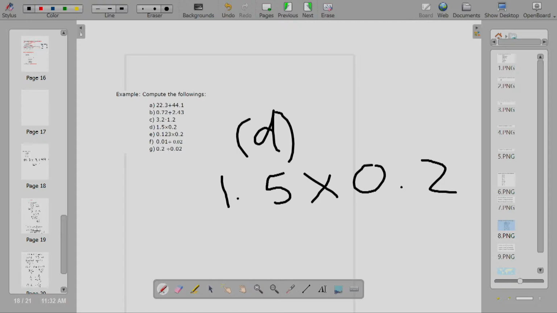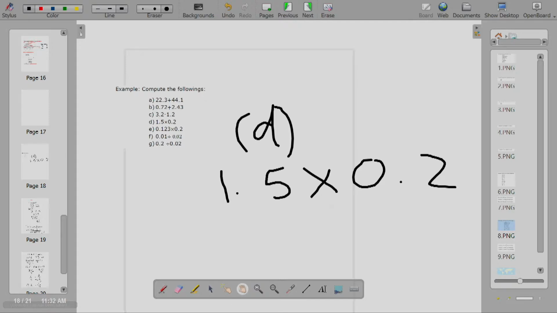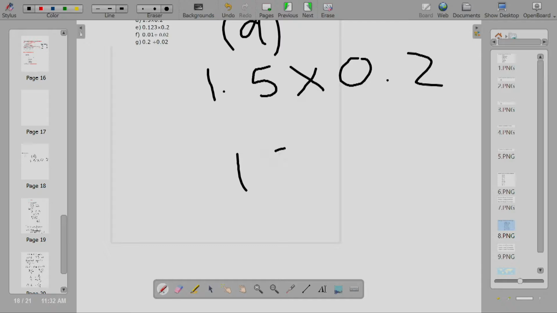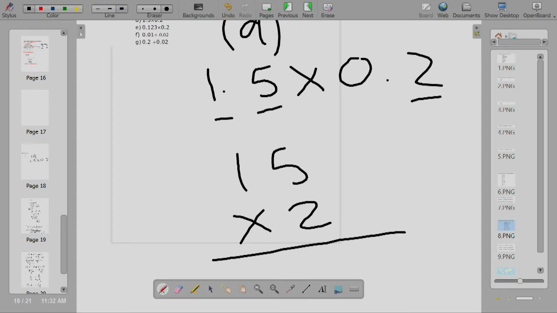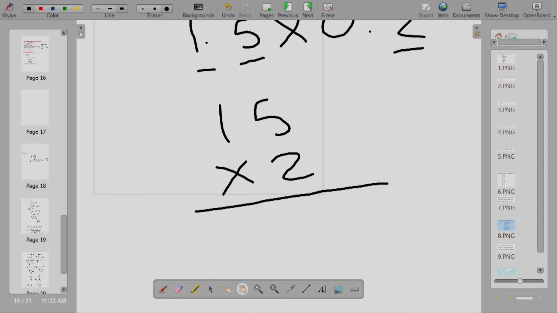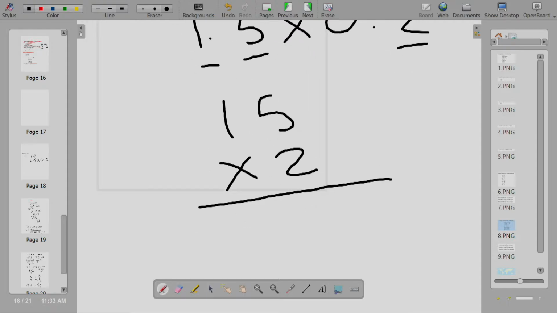First, let's take these numbers, 15 and 2. If you multiply, 5 times 2 equals 10, remain 1. 2 times 1 equals 2, and 1 makes 3. So 15 times 2 equals 30.